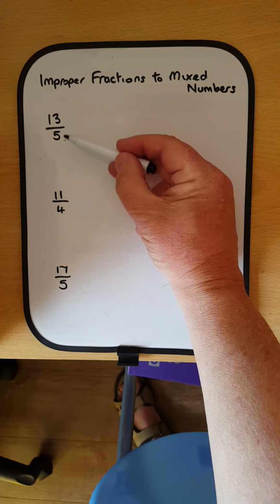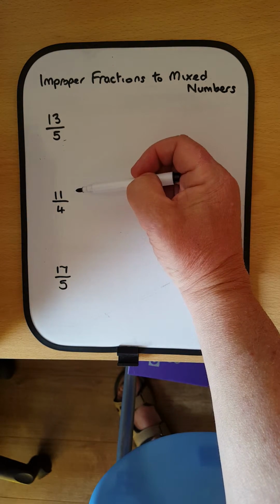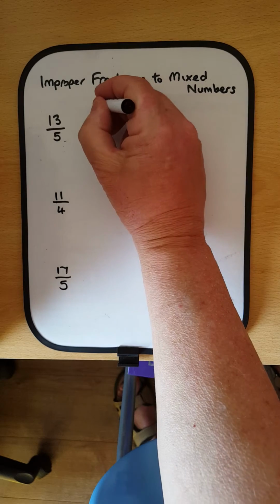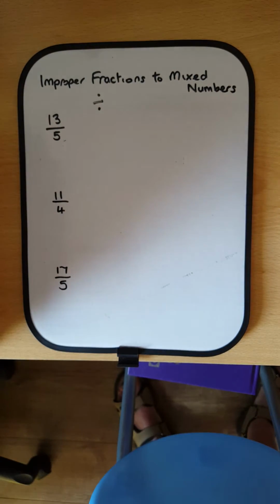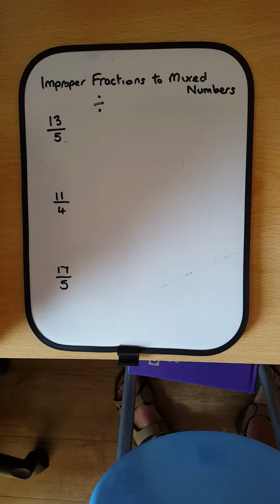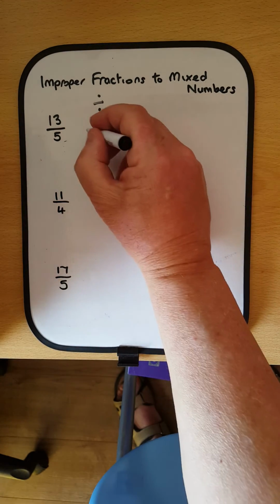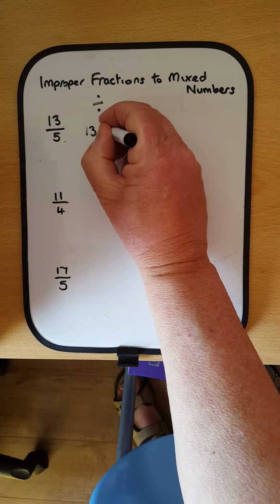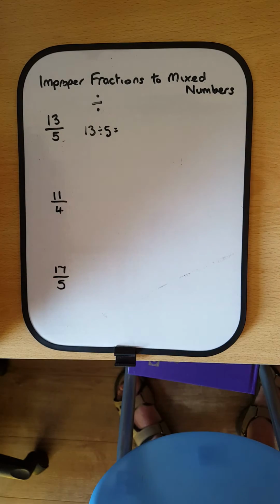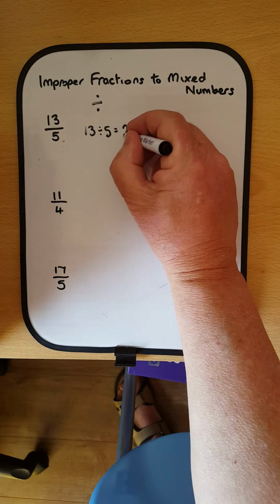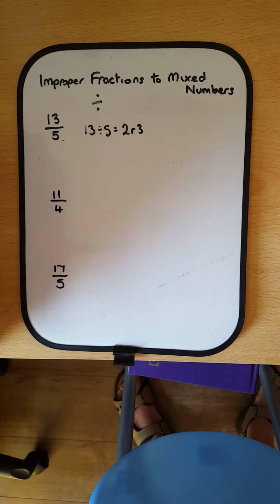This actually means 13 divided by 5. You know that division sign that looks like that? It's a fraction, and those two dots stand for random numbers. And this particular division is 13 over 5. So all we do is we say, how many 5s are there in 13? 13 divided by 5. Well, there are 2 5s in 13, remainder 3, aren't there? 2, remainder 3.